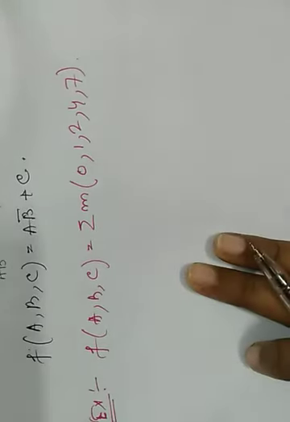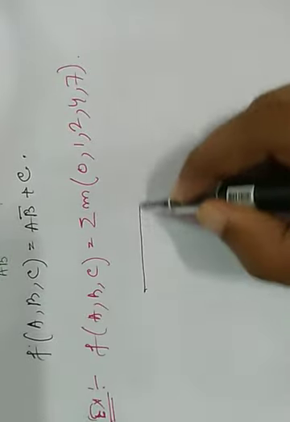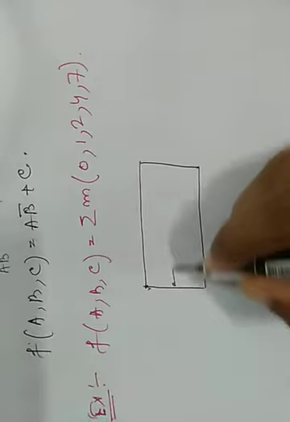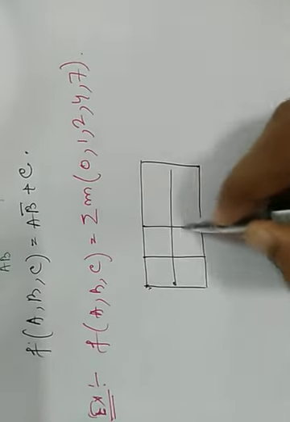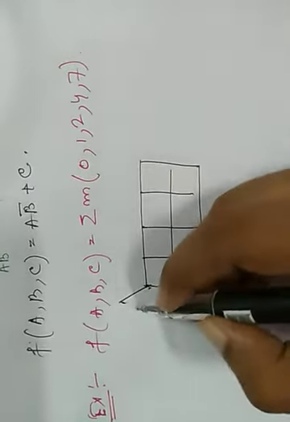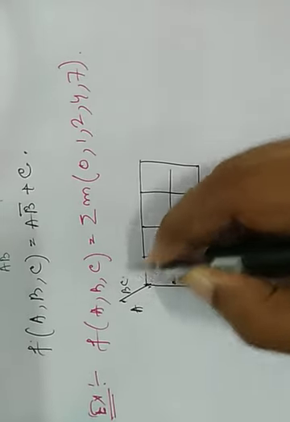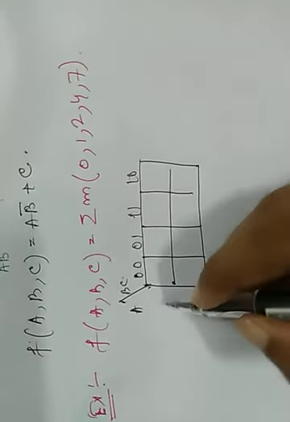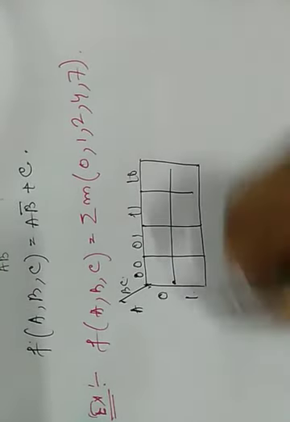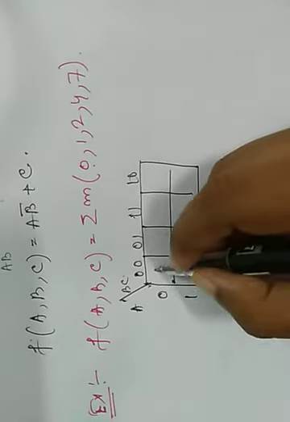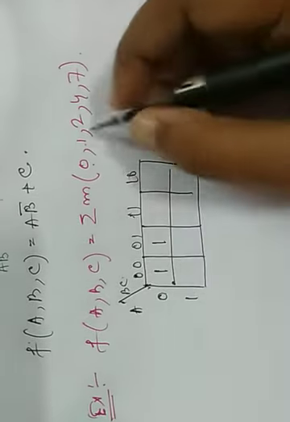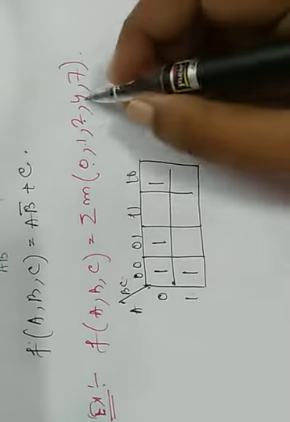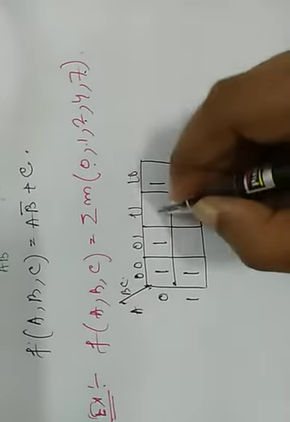Okay, so obviously 3 terms means 4 values A B C: 0 0, 0 1, 1 1, 1 0. Our values are 0 means here it is 1, 1 means here it is 1, 2 means here it is 1, 4 means here it is 1, 7 means here it is 1, and others are 0.